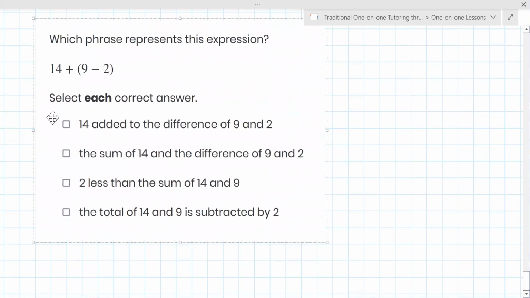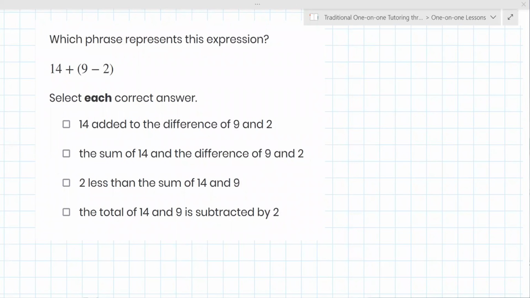Whenever you see these check boxes, that means there's probably more than one answer. I'll check these as well, but there probably is more than one answer. But go ahead and take a look at this and let me know. So I can tell you more than one? Yes. There are two correct answers.